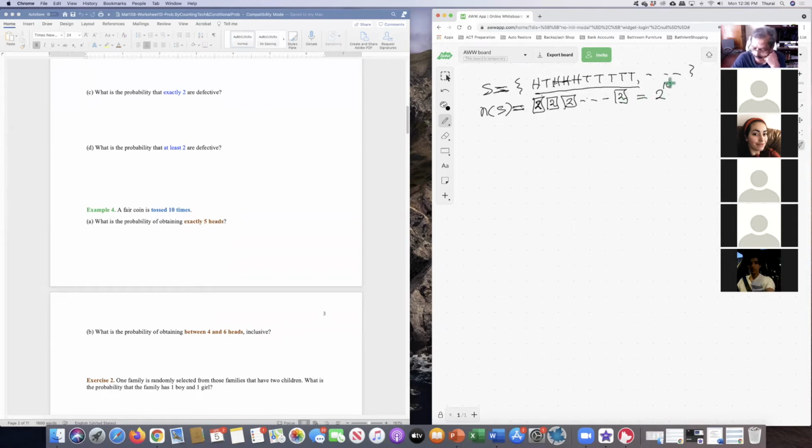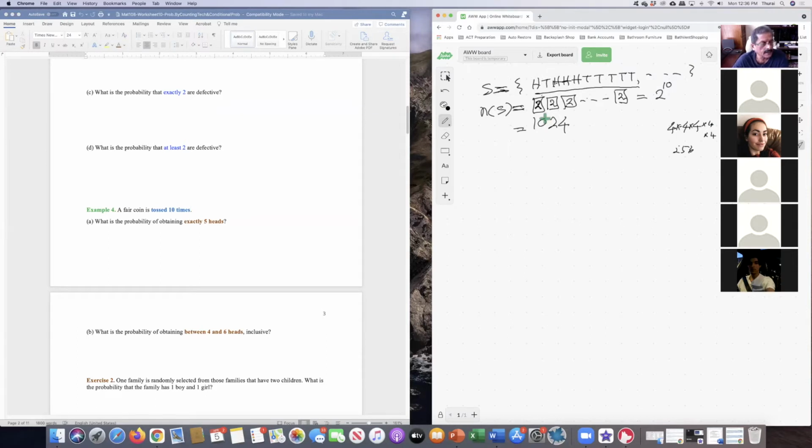That's our count of sample space. 2 to the 10 is, let me quickly compute that, 2 to the 2, 4, and 256 times 4. Okay, so that's the count of the sample space.